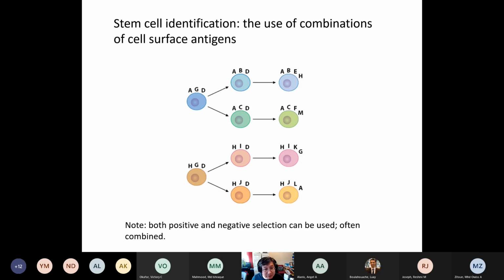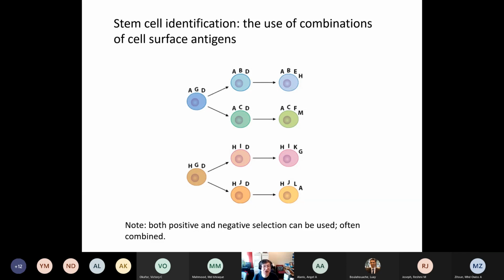Now you have 2 major lineages. They express different cell surface markers. Like the first group will express AGD, while the bottom will have HGD. Apparently, the surface marker A will help you distinguish these 2 types, right?